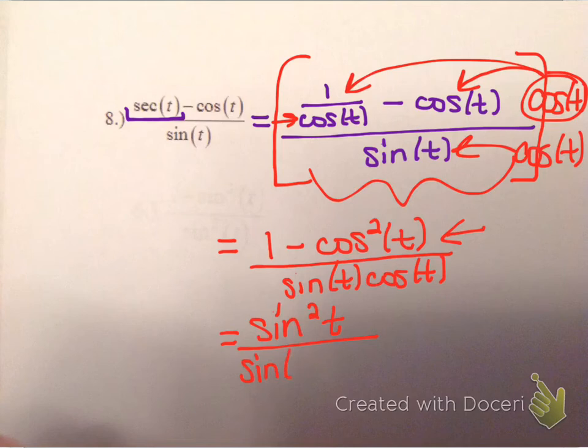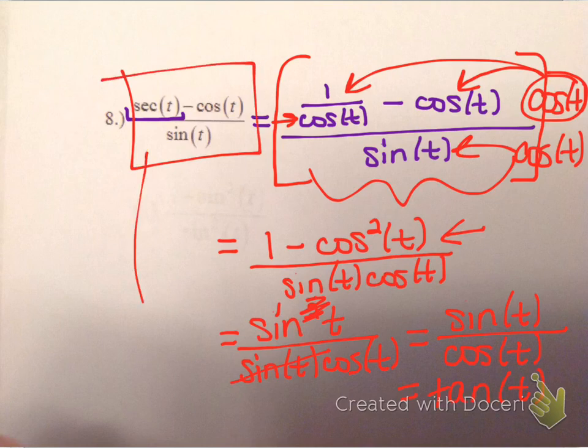And what that allows us to do is it allows us to reduce one of these sines with this one down here, which leaves us with a single sine of t in the numerator and just the cosine of t in the denominator, which once again is the quotient identity for tangent of t. And so this messy fraction simplified all the way down to become tangent.